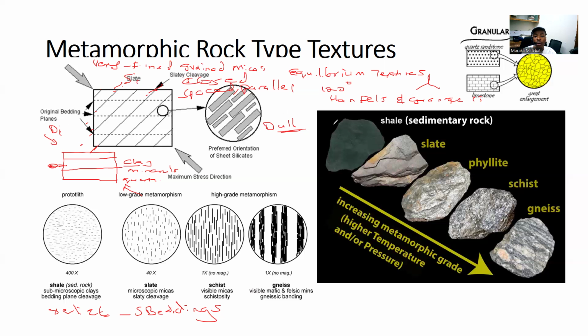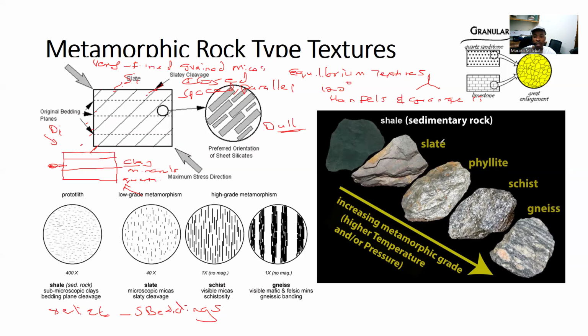All right, making the rock dull, because this cleavage develops because of the alignment of these very fine micas, and this gives the rock the ability to easily split.